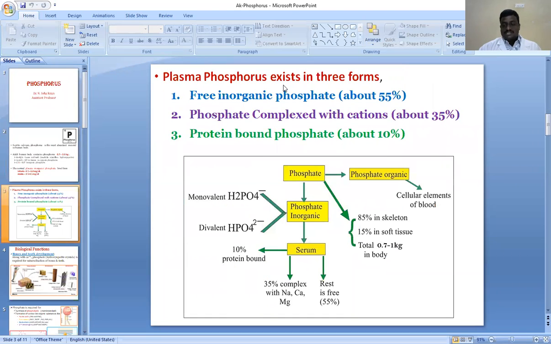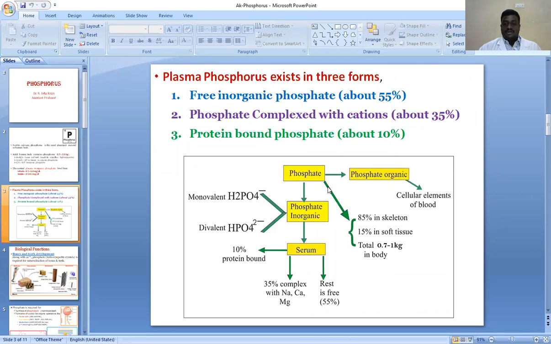Plasma phosphorus exists in 3 forms. What are those? Organic and inorganic. Organic phosphate is present in intracellular fluid, in intracellular substances.